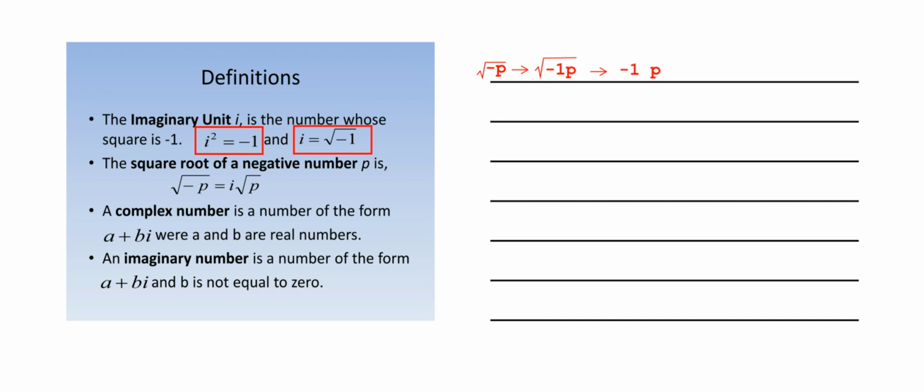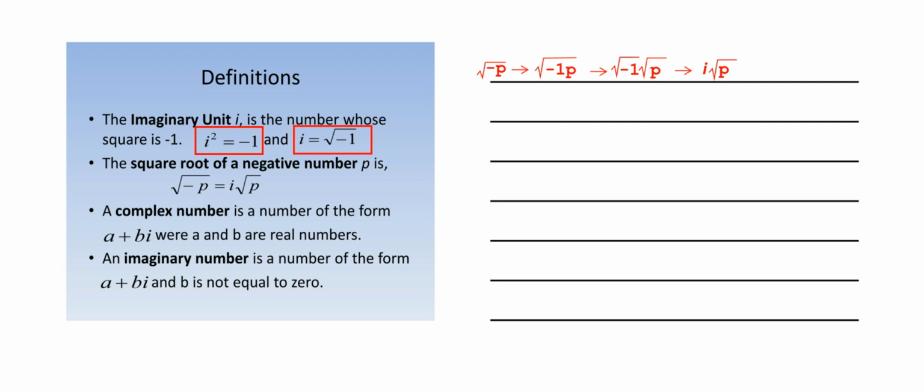We can distribute this into two individual radicands: the square root of -1 times the square root of p. Hey, look at that. That's our definition of i, right? The square root of -1. So therefore, the square root of -1 can be changed to i, and we have i times the square root of p. Hence the reason why we have i square root of p.